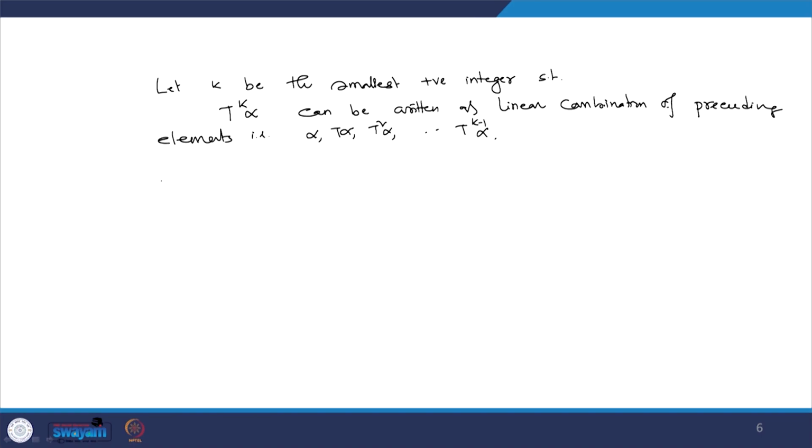So, that implies T to the power K alpha can be written as minus A k minus 1 T to the power k minus 1 alpha, minus A k minus 2 T to the power k minus 2 alpha, and like this, minus A 1 T alpha, and minus A naught alpha.